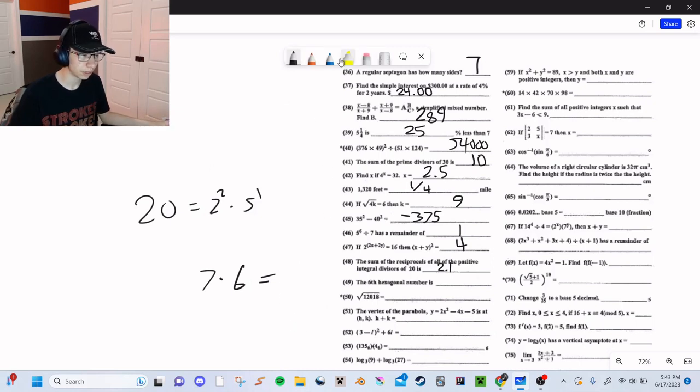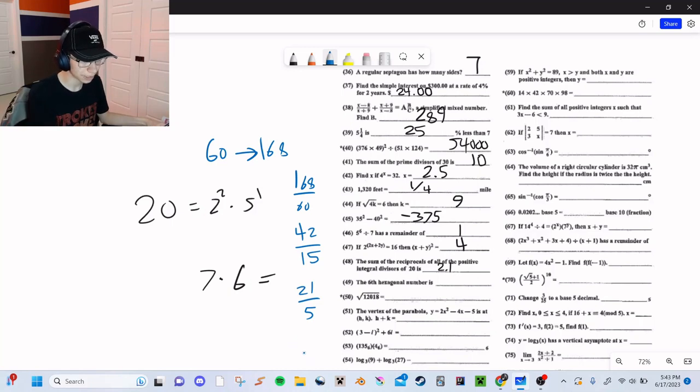So, going back to what we got for 60, for example, we knew that the sum of the factors was 168. And so the sum of the reciprocals of all the factors would be 168 over 60, which would be 42 over 15, which would be 21 over 5, which would be, whoa, I messed up somewhere in there.